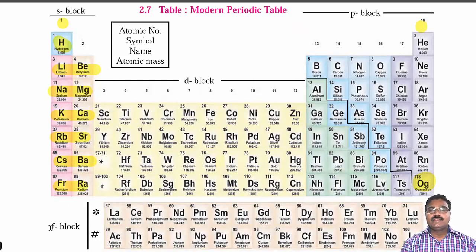Now you will see that the modern periodic table is divided into 4 blocks, that is the s block, p block, d block and f block. Why is it divided into 4 blocks? This is due to their similarity in electronic configuration.